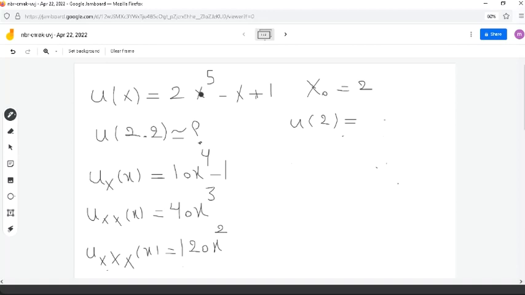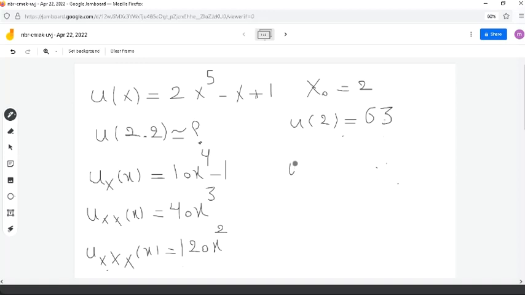Then we put x equal 2, we have 2 power 5 times 2, and the result is 63.